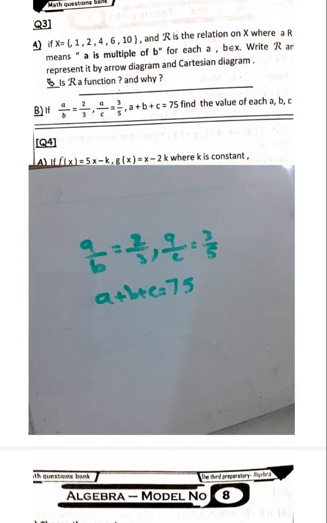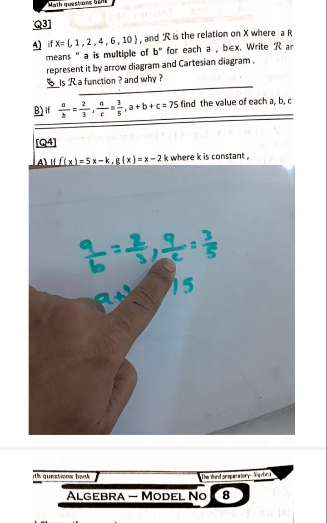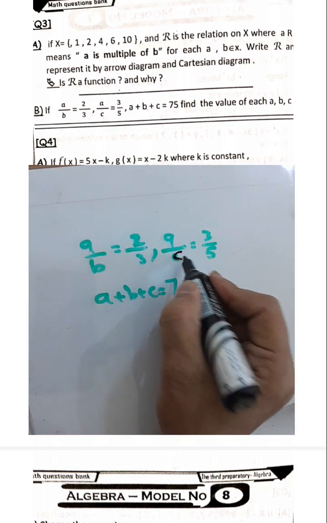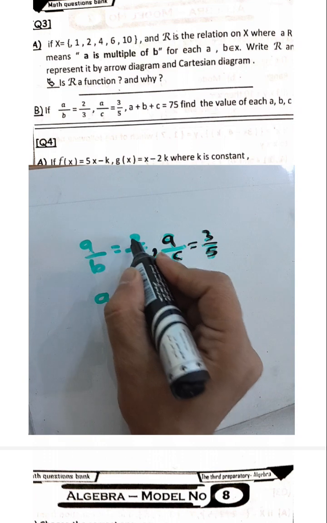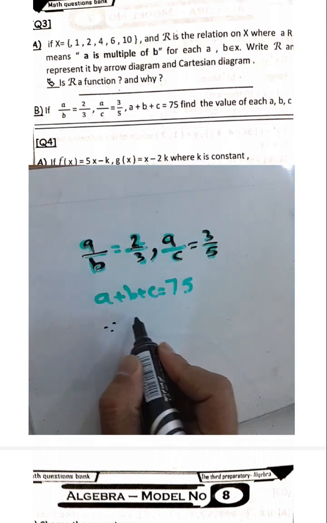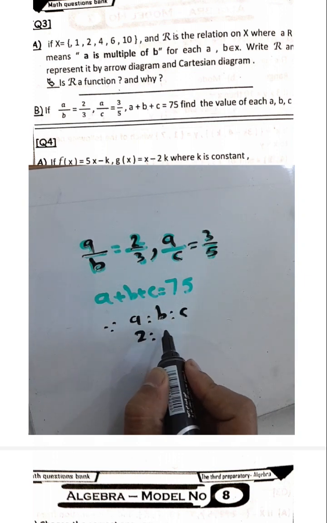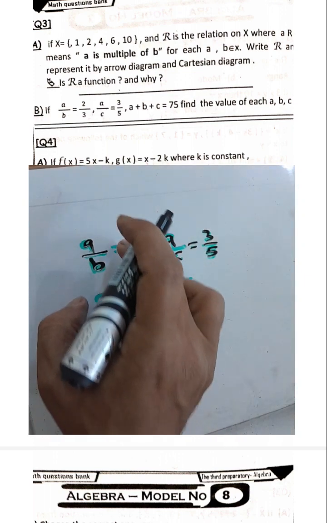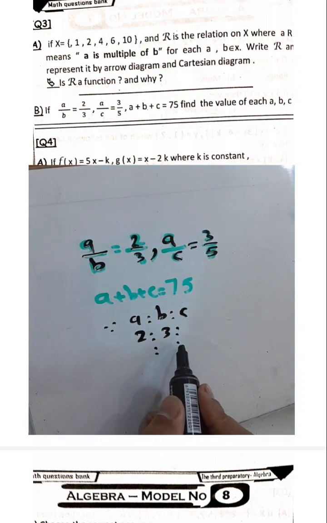Okay, he gives us this information here, A over B equal 2 over 3 and A over C equal 3 over 5. Okay, you can use this property such that the ratio between A, B and C, with the ratio here 2 to 3, A to B is 2 to 3 and A to C is 3 to 5.